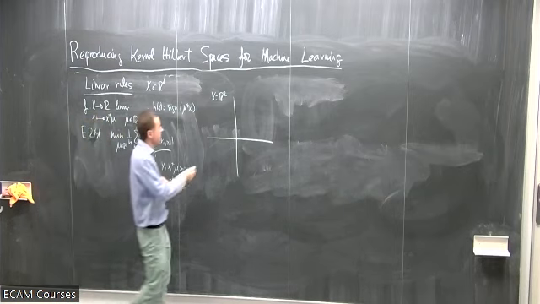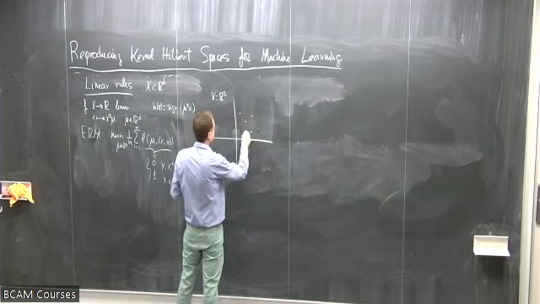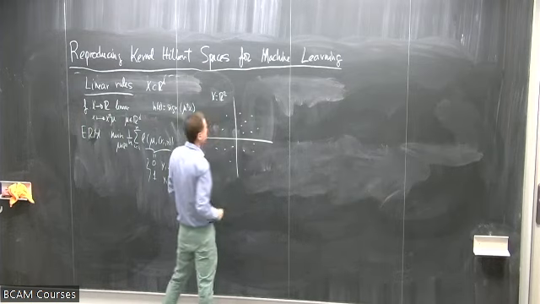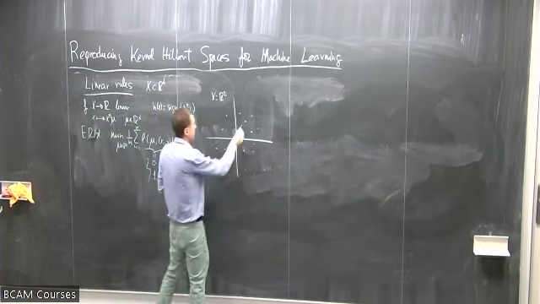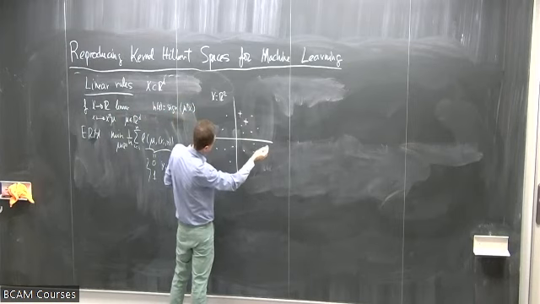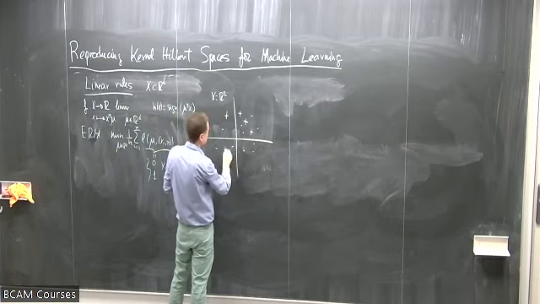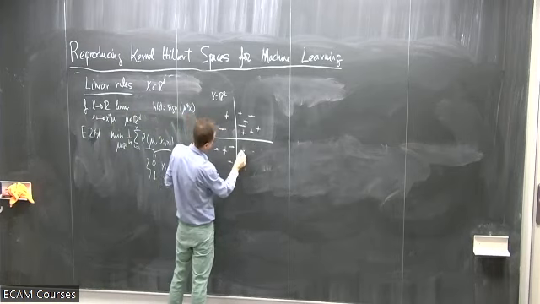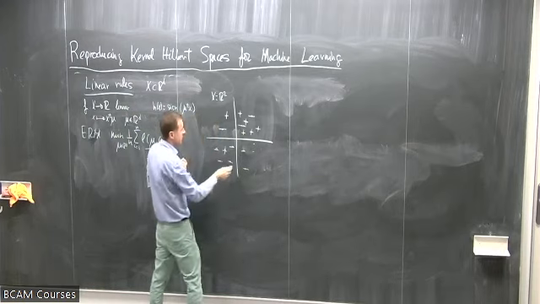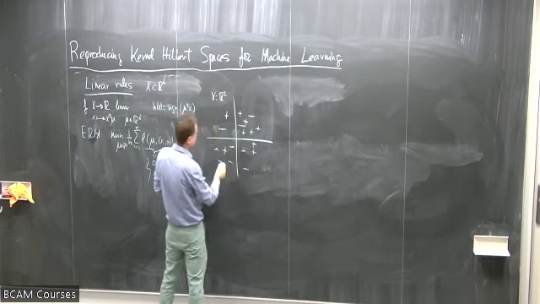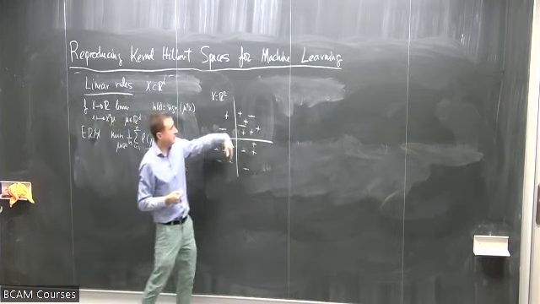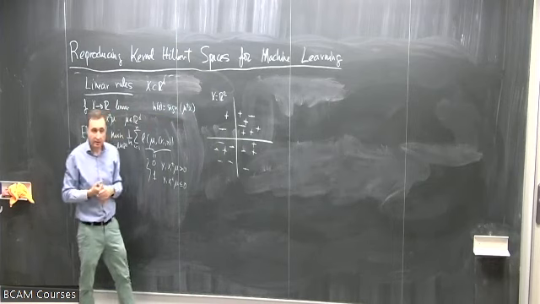Let's imagine the x's are just points here, and then some of them are of the positive class, and some of them are of the negative class. So these are our training examples.